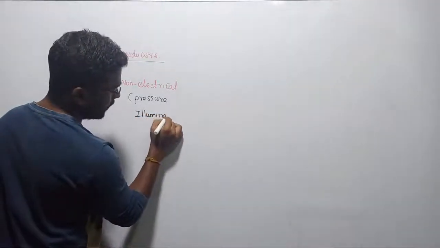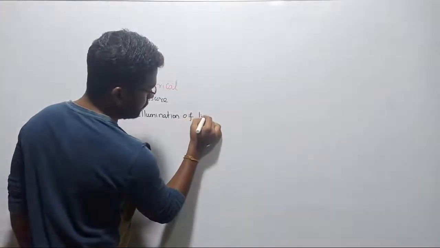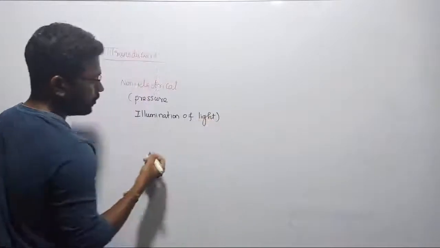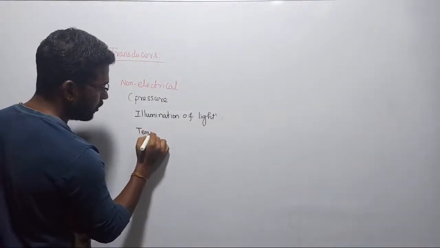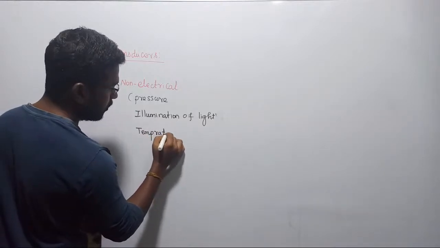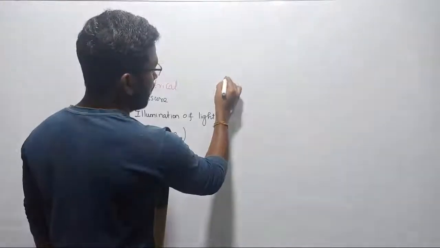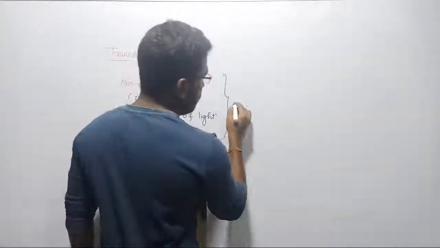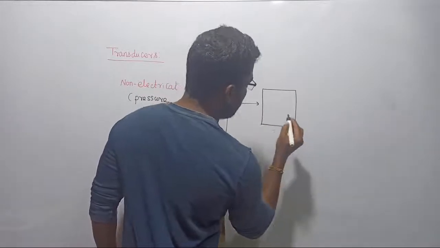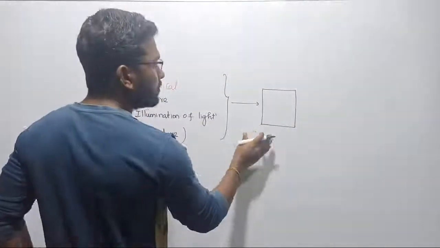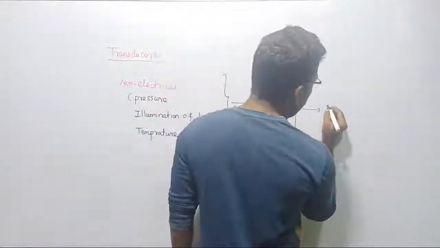illumination of light, and temperature, right? The available forms are illumination of light, temperature, and pressure. Now these non-electrical quantities are being transformed with the help of some type of devices called transducers, and they will be converted into the form of what?